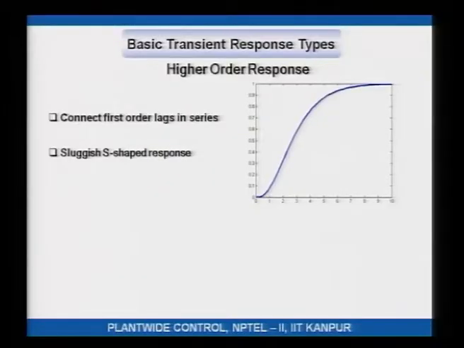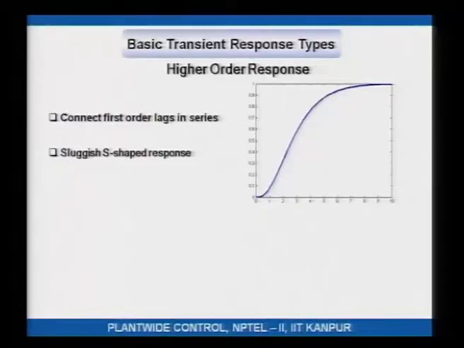So, if you connect first order lags in series, the output in response to a step change in the input changes as a sluggish S response. Looked at conversely, if you are looking at a response that is S shaped, it can be described by n number of lags in series, right.